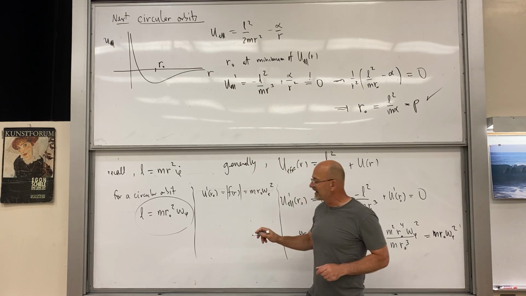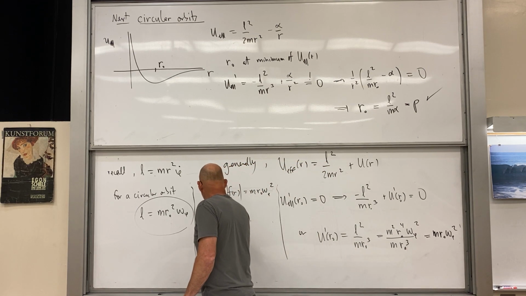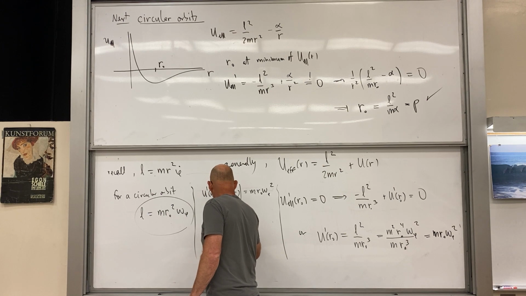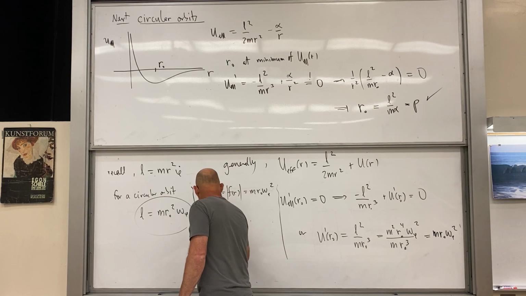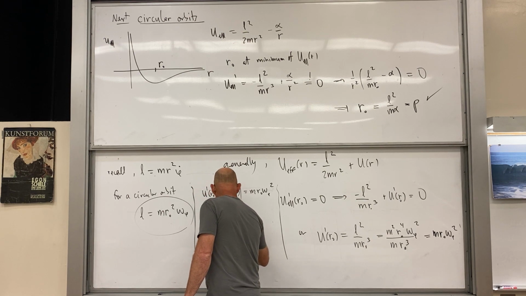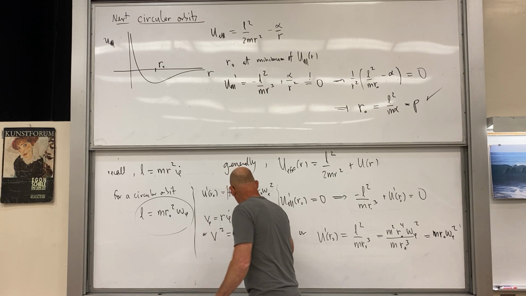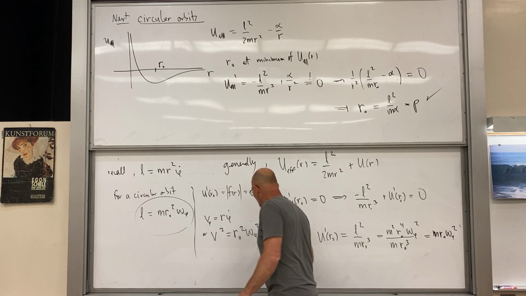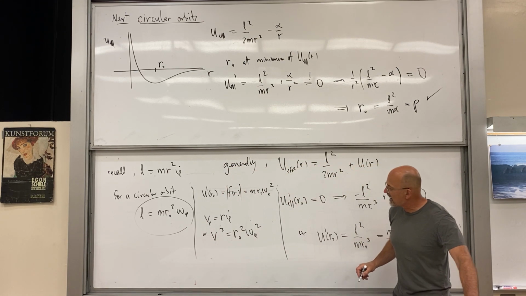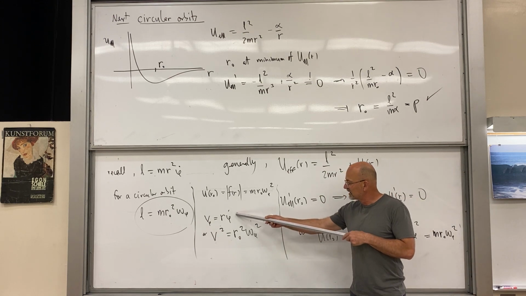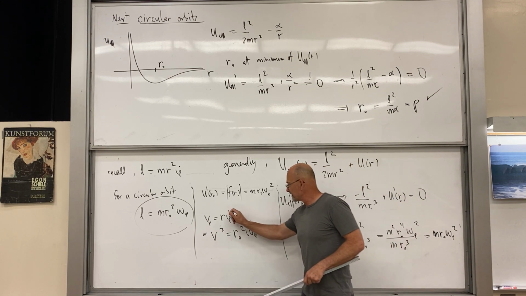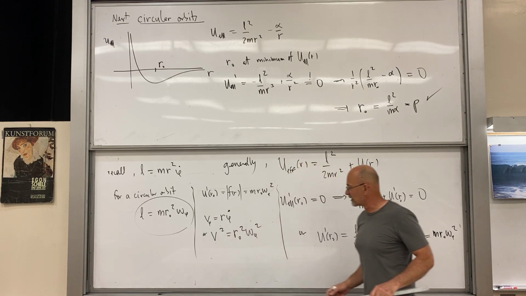Now remember, v is r phi dot, so v squared equals r0 squared omega sub phi squared. I'm just replacing phi dot with omega sub phi because it's constant. Okay, r0 is constant.